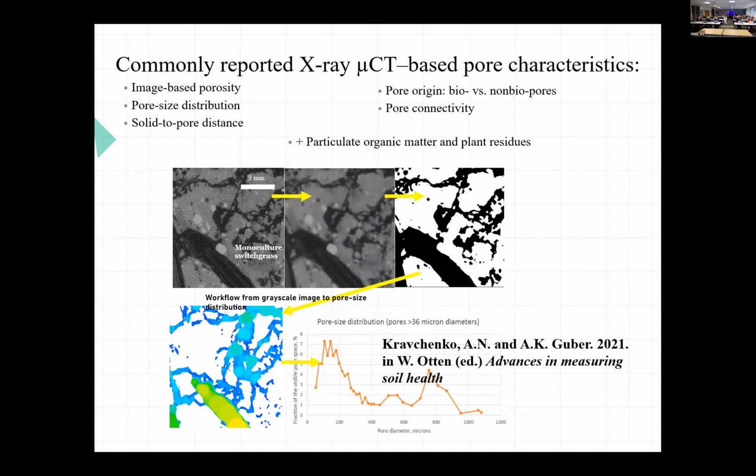You need to segment it and identify pores. If you are interested in pieces of organic matter or residues, you need to identify and segment those. After that, you need to work with tools to generate the pore size distribution, so as to characterize those pieces of organic matter.